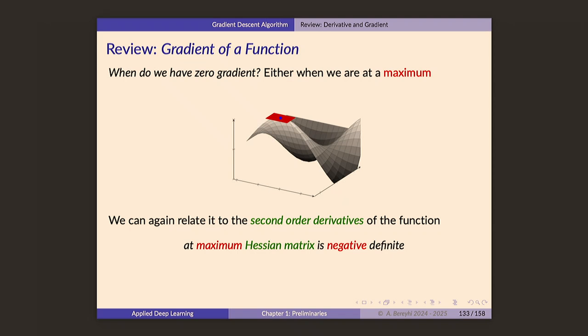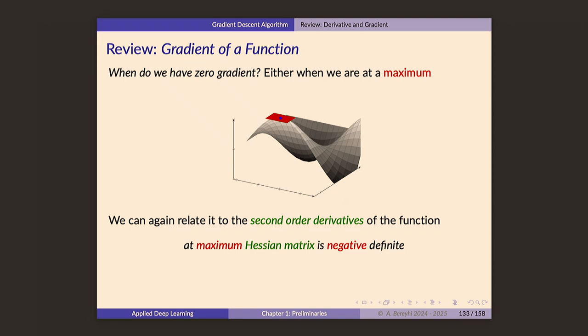Okay? And then when we have a Hessian matrix, we don't have a number. We cannot check the sign of a matrix, right? Instead of sign, what do we usually check for the matrices? Determinant could be, right? Or the eigenvalues, right? So if all the eigenvalues are positive, this means that your matrix is something we call positive definite. And if they are all negative, then your matrix is negative definite.